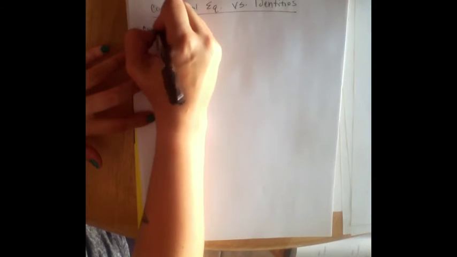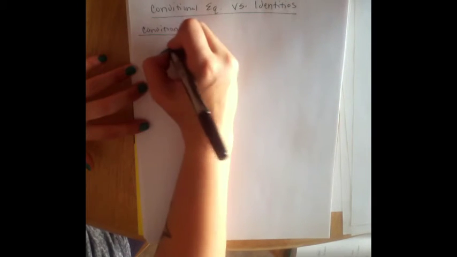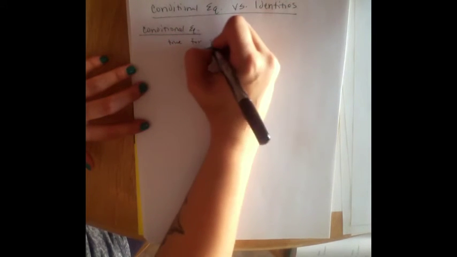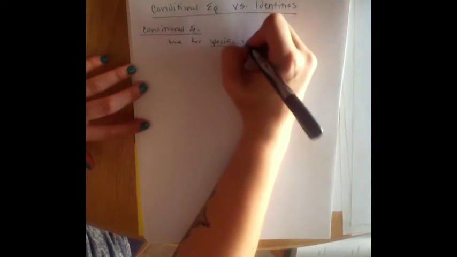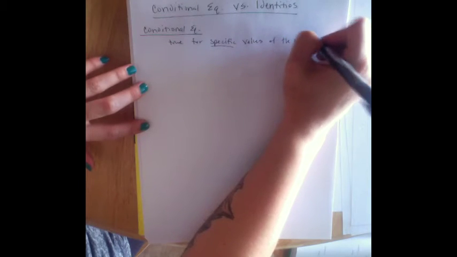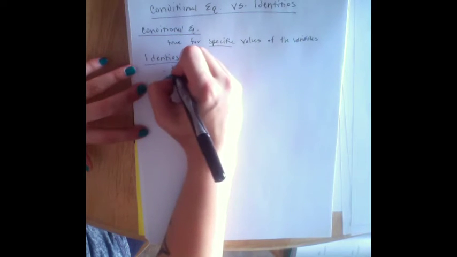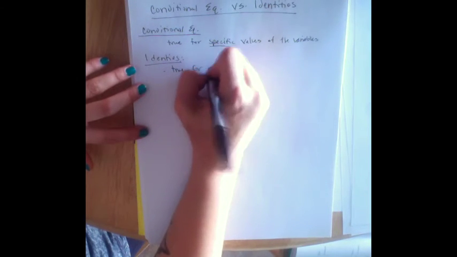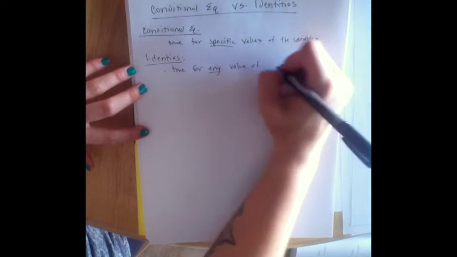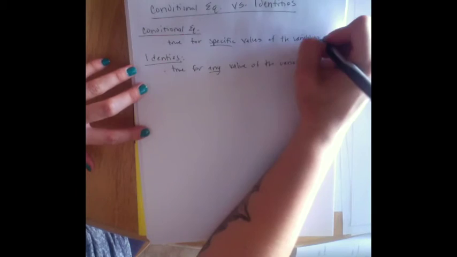A conditional equation is only true for specific values of the variables, but identities, they are true for any value of our variables. That could be one variable or many variables. Okay.